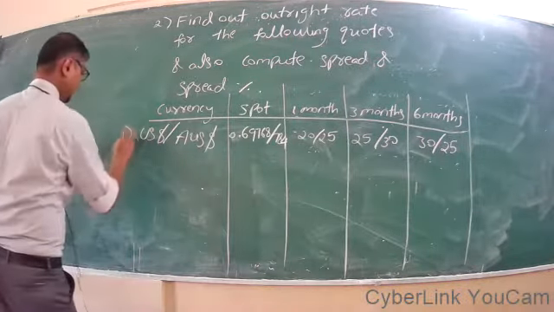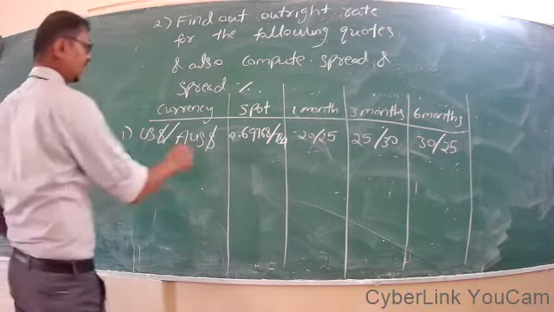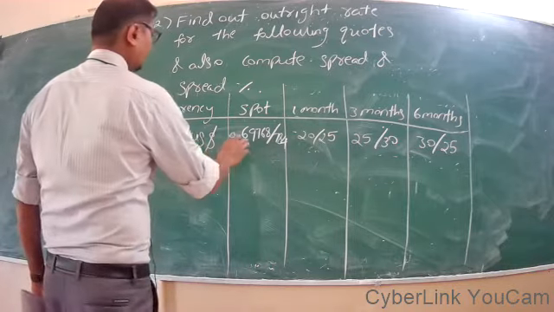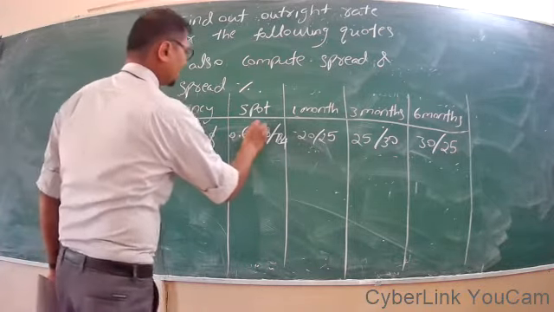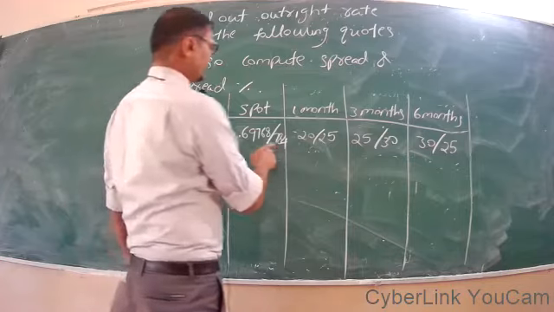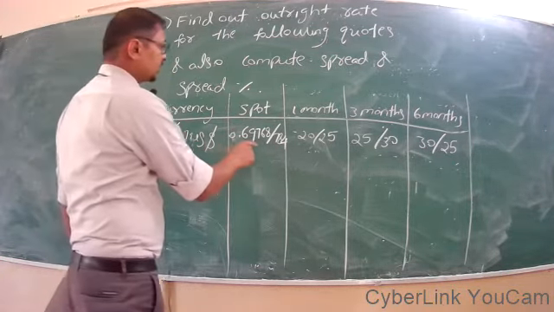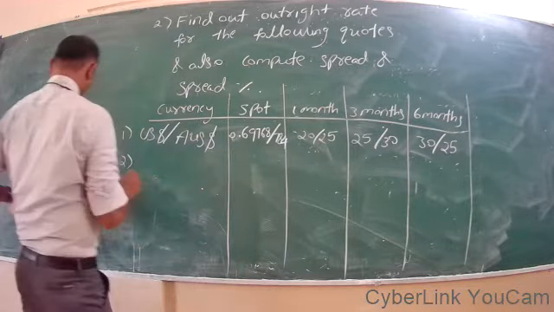So this is the US dollar per Australian dollar. That means 1 Australian dollar is equal to 0.69768 oblique 784 US dollars. This is again a two-way quotation, and it includes both ask and bid price, right?